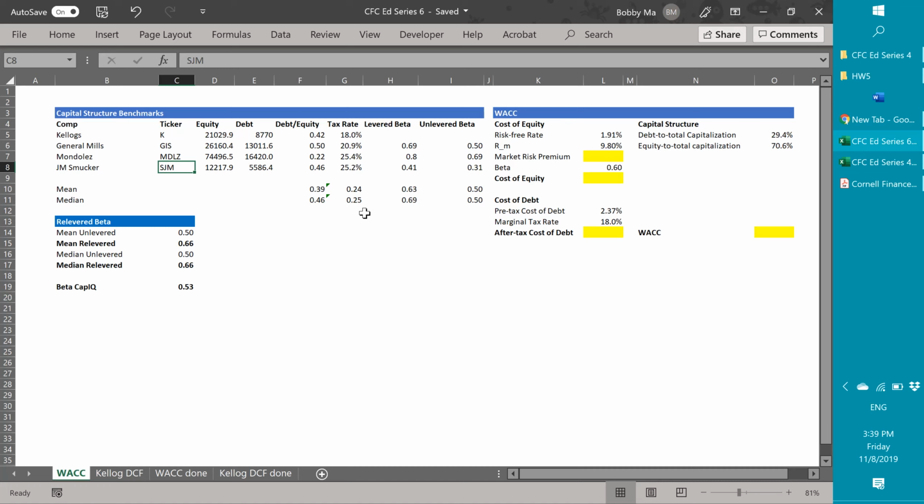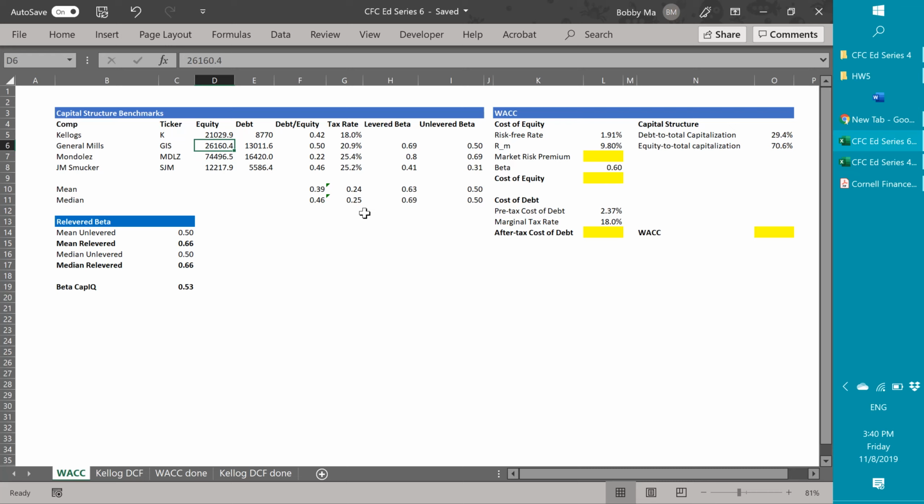How that works is you take General Mills, Mondelez, and J.M. Smucker, which are the 3 companies we're using as our comps in this exercise, and we look at their beta, which is the levered beta, and then we unlever that with their capital structure, which you can see in the equity and debt, and then we relever it based on the capital structure of Kellogg's.